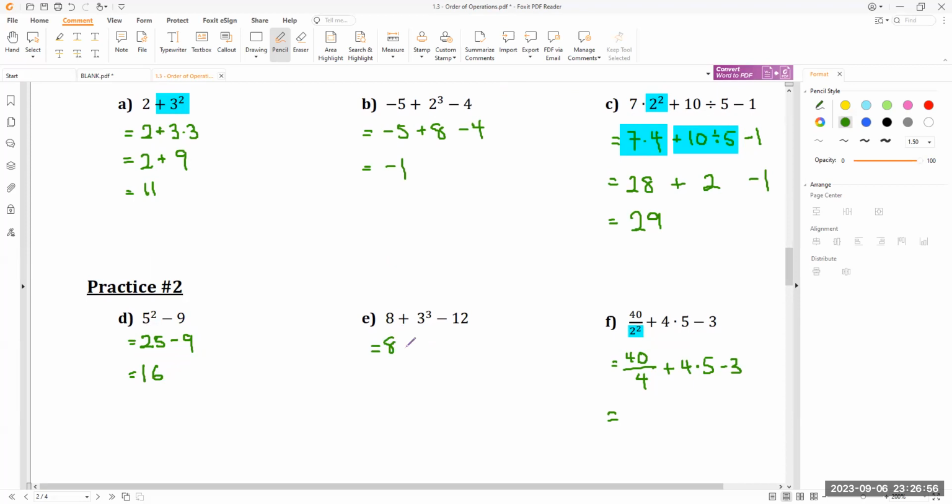Equals 8. 3 times 3 times 3, 27, minus 12. This is 35, 25, 23. And the final answer to this would be 10 plus 20 minus 3, that's 27.